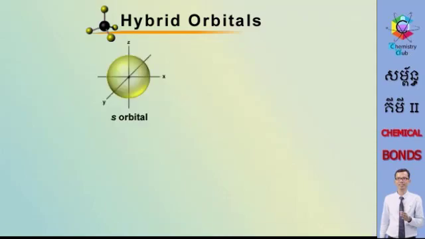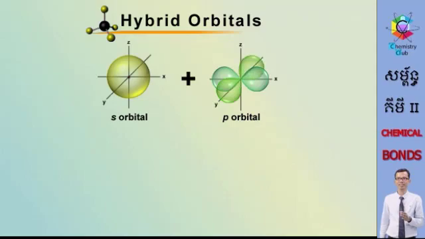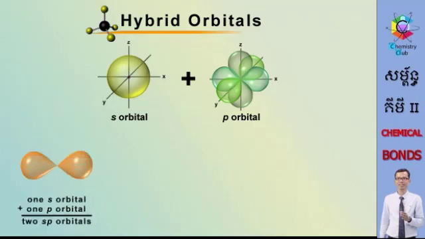An s orbital can hybridize with 1, 2, or all 3 of the p orbitals. The number of new hybrid orbitals created is equal to the number of p orbitals involved, plus 1 for the s orbital. In other words, when an s orbital hybridizes with 1 p orbital, 2 orbitals, named sp orbitals, are created.